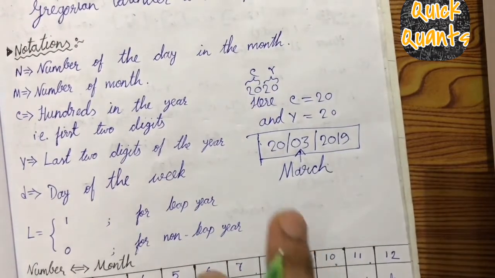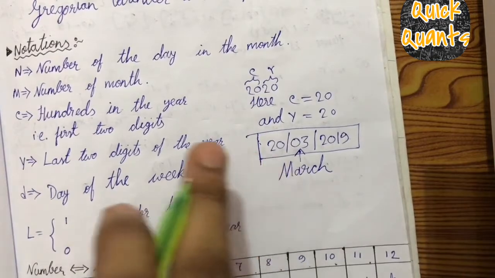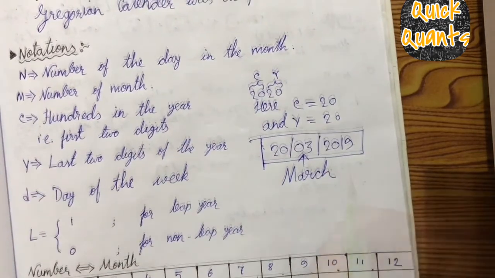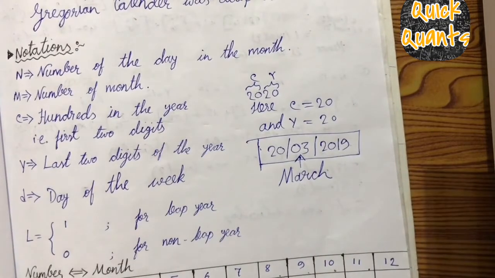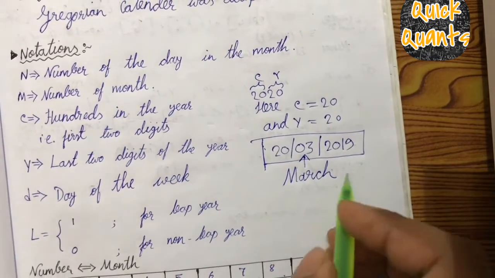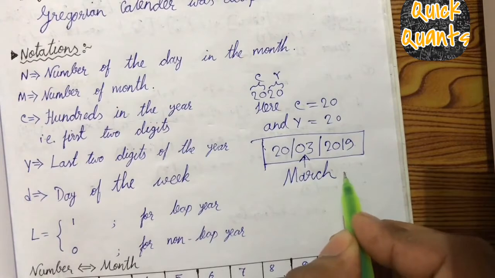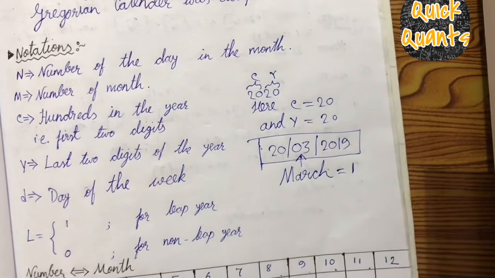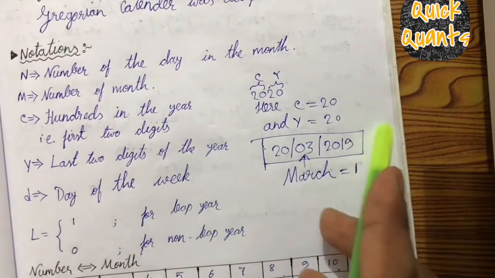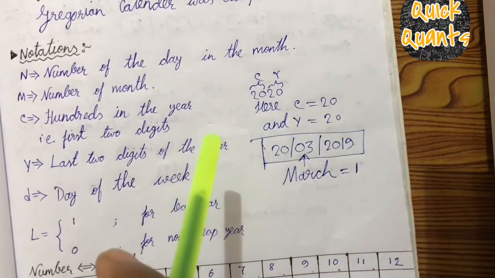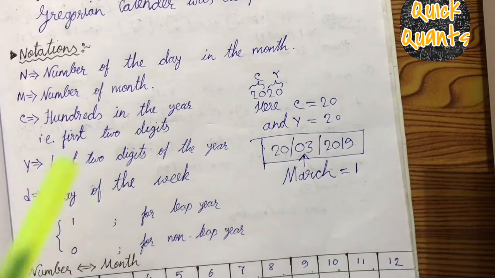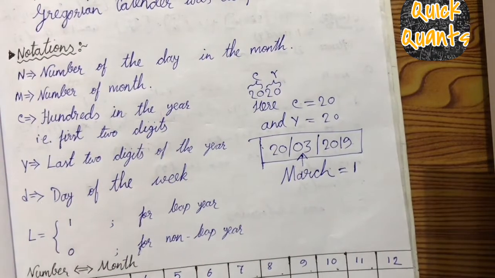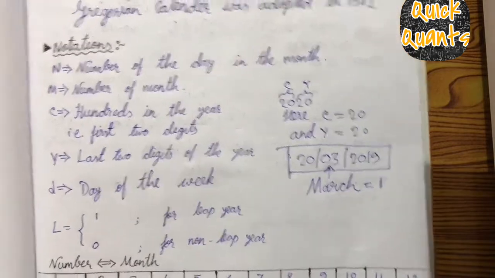When we convert it using these notations, March becomes the first month. March would be 1. So at first we have to convert the given year into a particular form. I'll explain it later. Now move on.